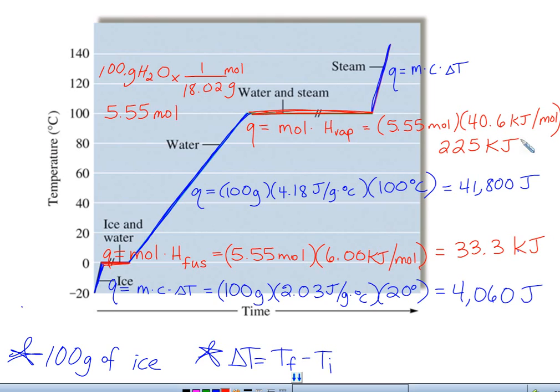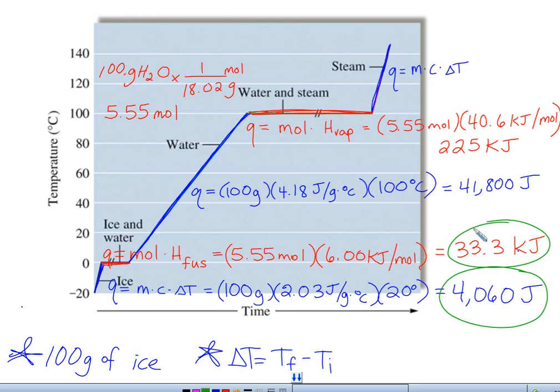So for example, if the question said, like, I'm going from negative 20 degrees to 100, then I would have to add these together. I would have to take, okay, I'm going to add about 4,000 joules to increasing the temperature up to 0. Then I have to add about 33 kilojoules to melt the substance.